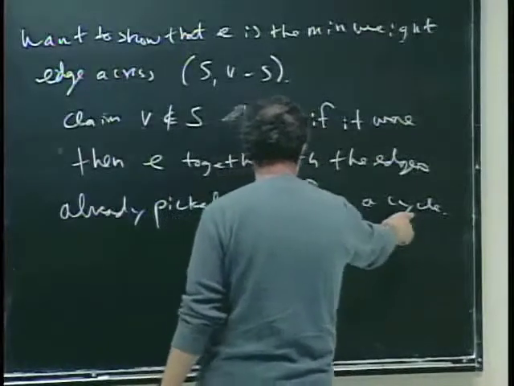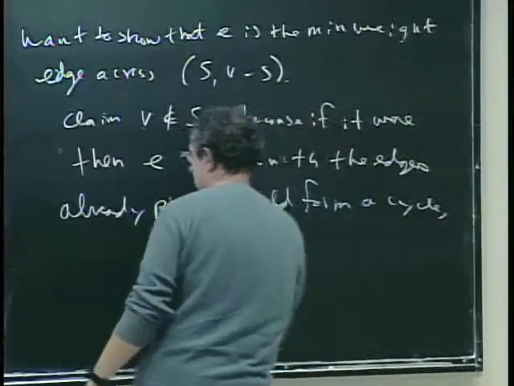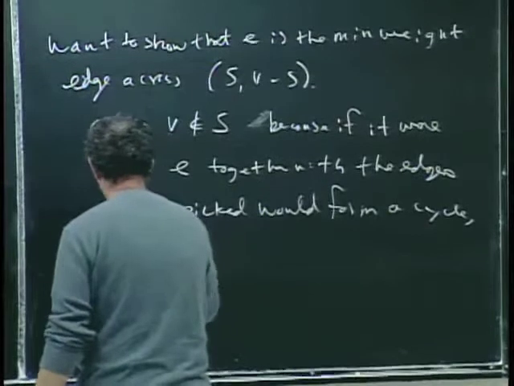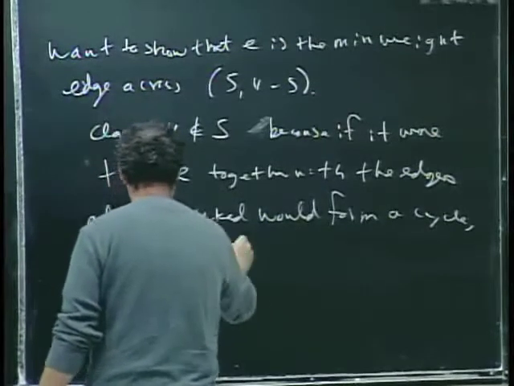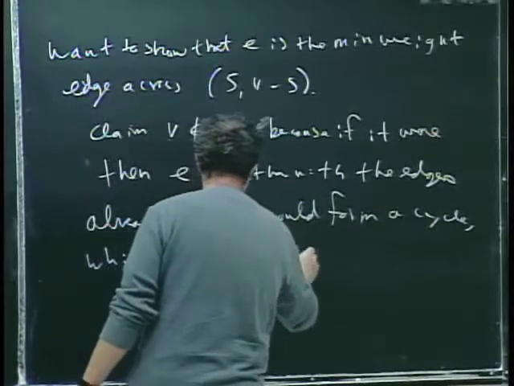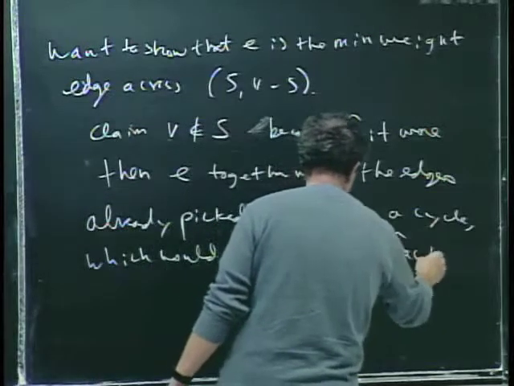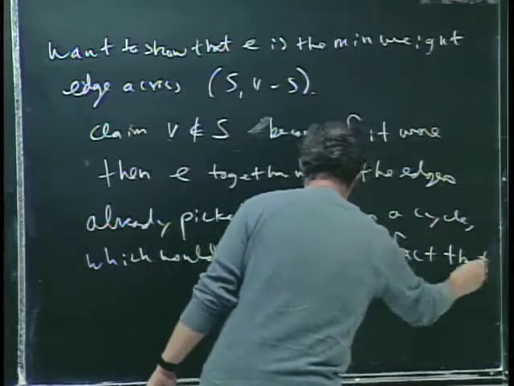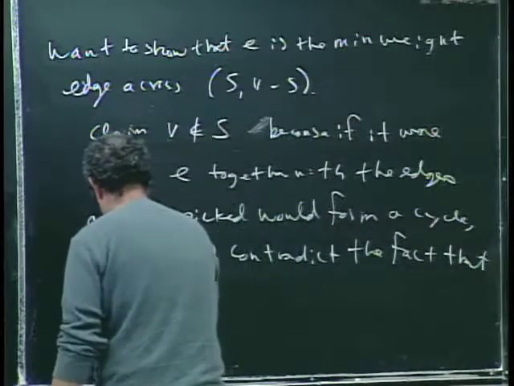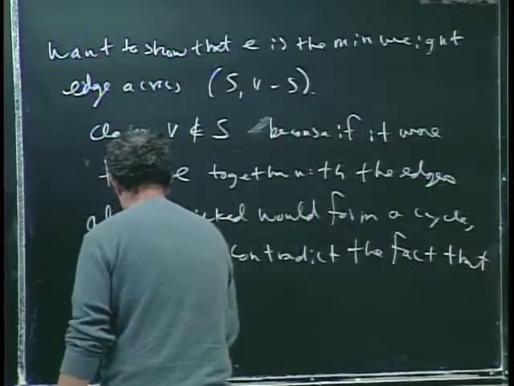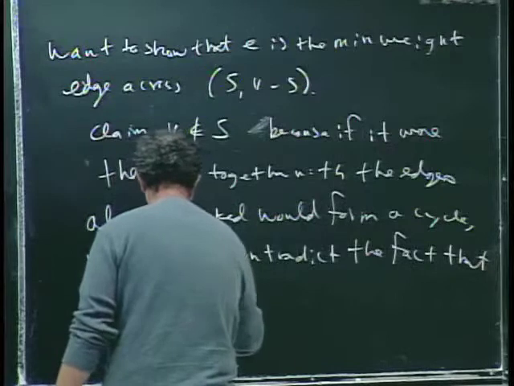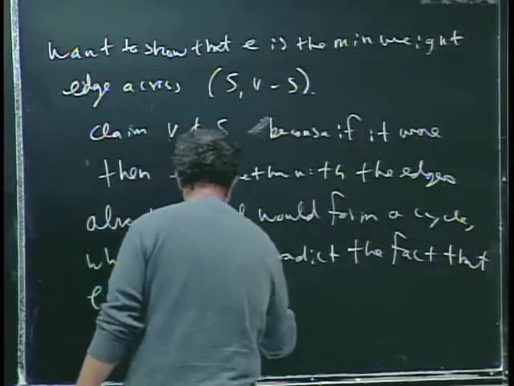It would form a cycle, which would contradict the fact that E has been picked to enter.